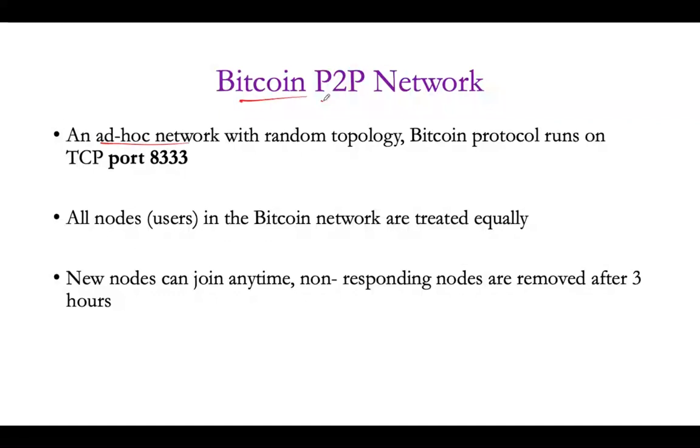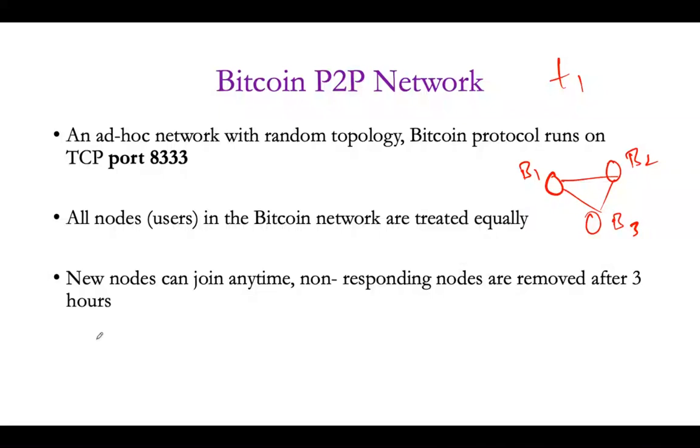Why do we say this is an ad hoc network? Bitcoin is a peer-to-peer network, and ad hoc means, suppose at time t1 there are 3 Bitcoin nodes in the network, Bitcoin node 1, Bitcoin node 2, and Bitcoin node 3, connected to each other, so it is a peer-to-peer network.